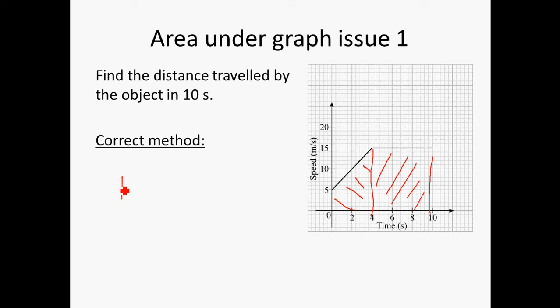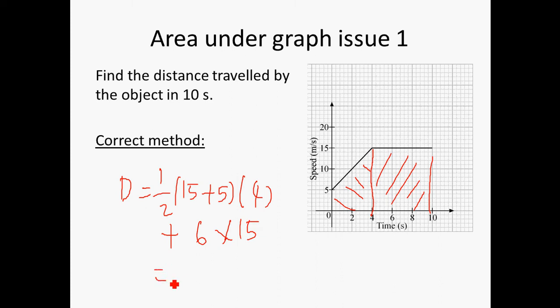So the distance traveled d will be equal to half, let's use the trapezium rule, (15 plus 5) times 4, plus, now this one will be, 6 times 15. I won't work out the answer. I'm just trying to show you that this is the correct method to do.